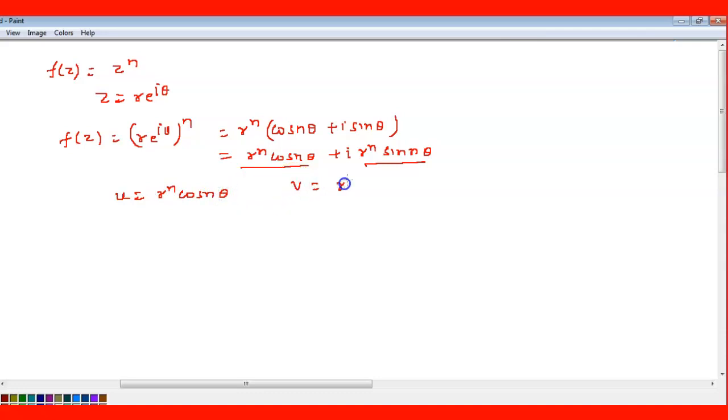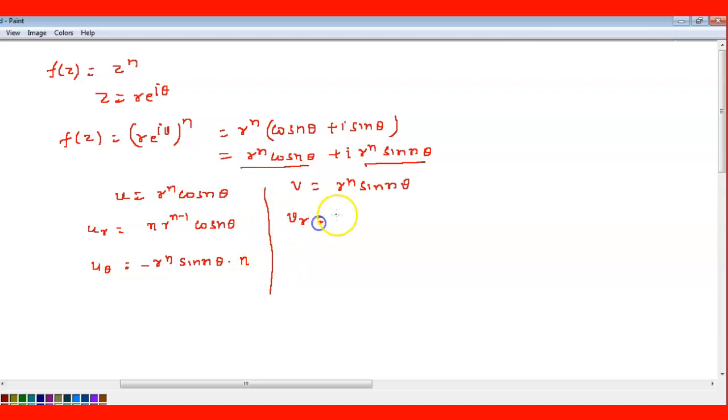And v is equal to r to the power of n sin of n theta. So tell me, del u by del r is n into r to the power of n minus 1 cos of n theta, and del u by del theta, r to the power n is constant, the first differentiation is minus sin of n theta into n, right?